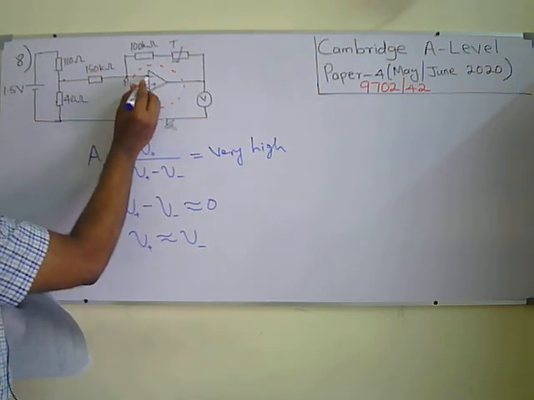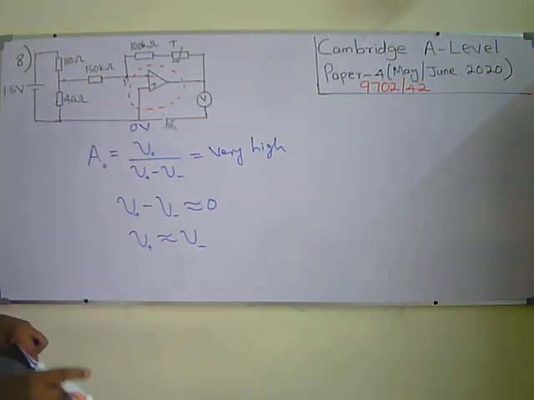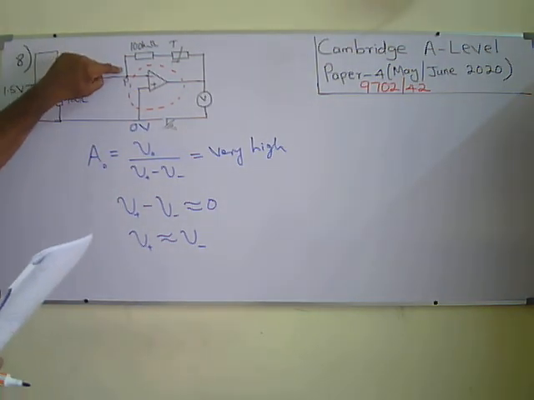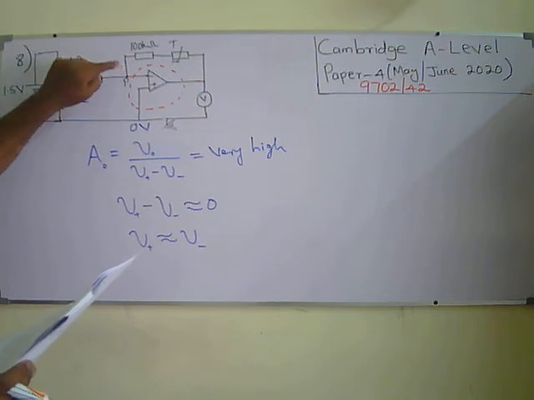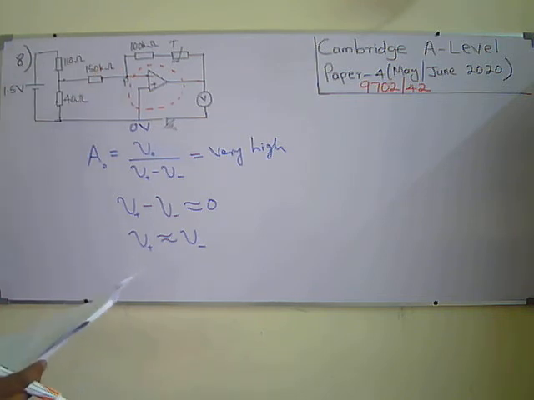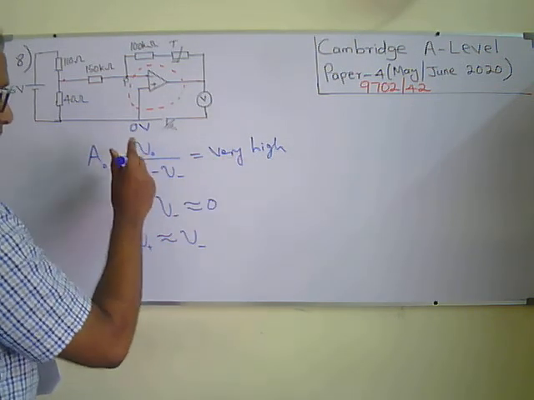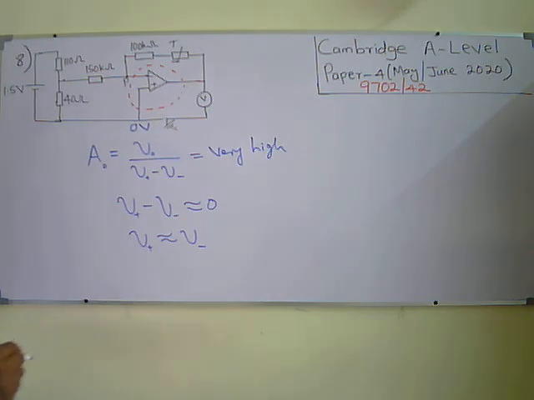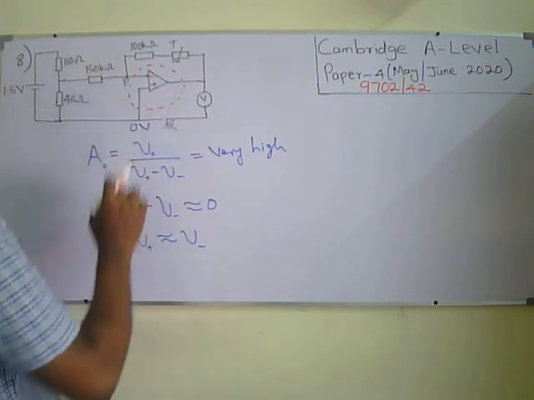The point P is connected to that point. So this point is not connected to earth, but its voltage is also 0. It looks like it's virtually connected to earth. That's the reason the voltage at point P is also equal to 0. Since open loop gain is very high, the operational amplifier amplifies the difference of the two inputs.